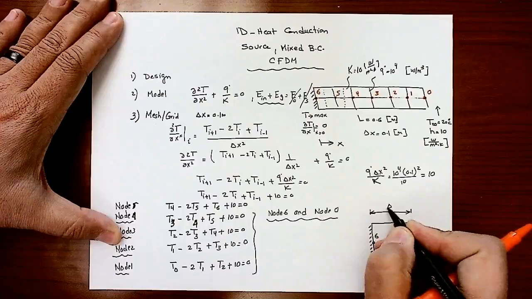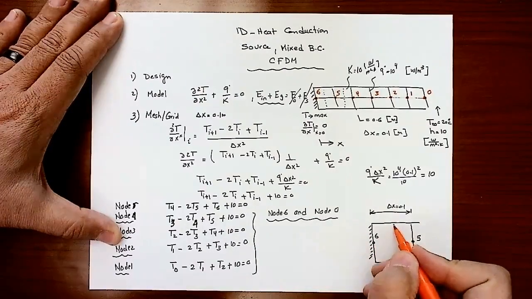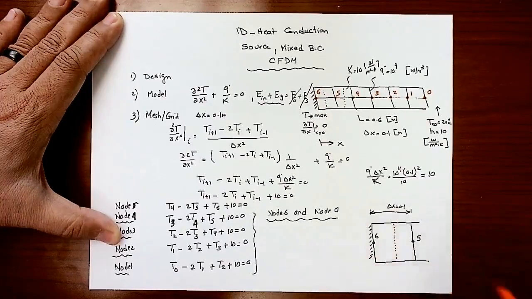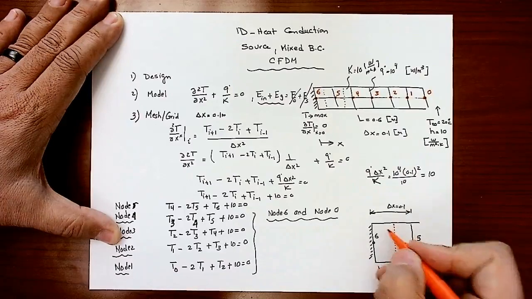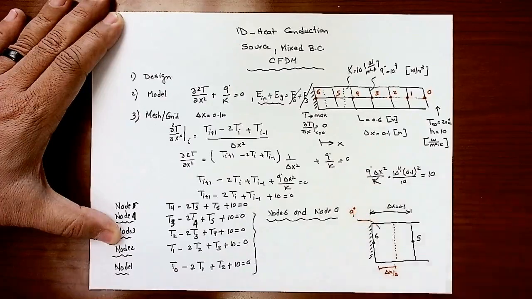That's the original delta x. This is my node 5, right? So I should come around point number 6 and draw a square of width delta x. Half of it will be in the middle of nowhere. I cannot have that. It's not part of the domain. So I'm going to have this as delta x over 2. And this is where the domain is, where the heat generation is actually applied.